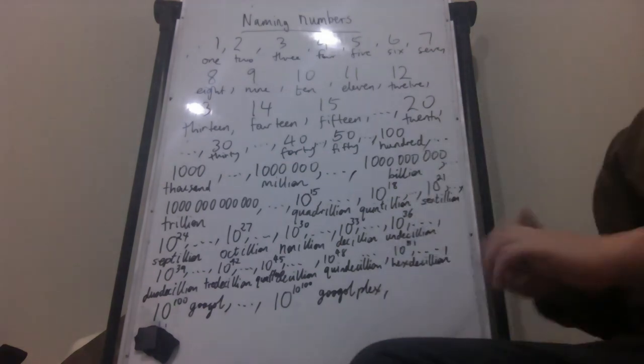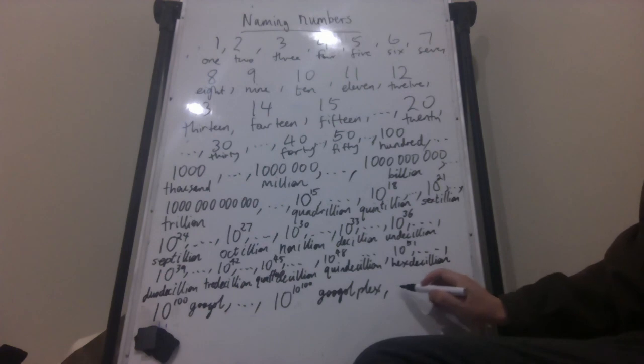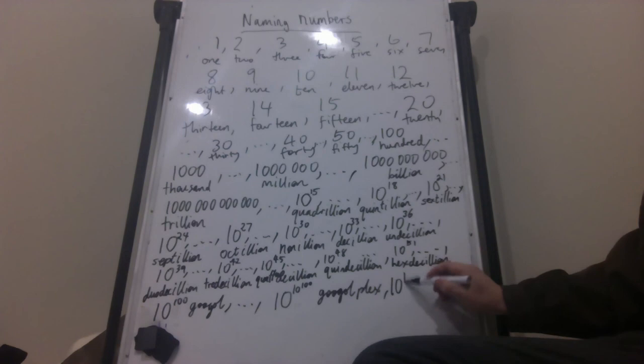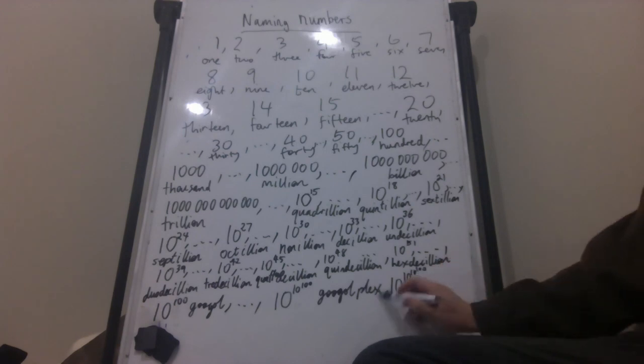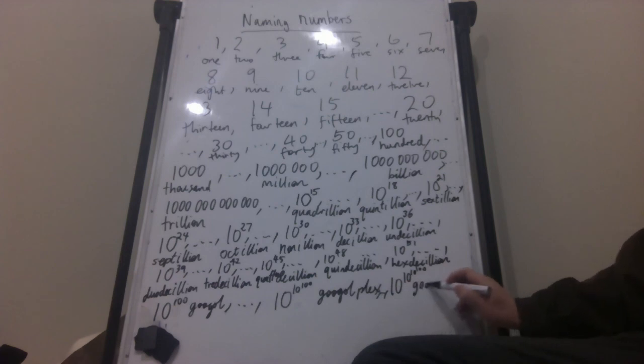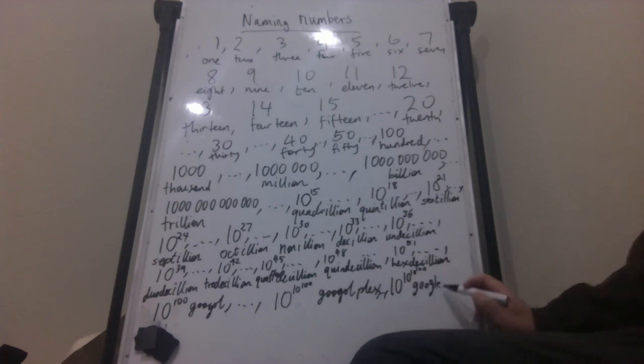Actually googolplexplex makes sense as well. So that's 10 to the googolplex zeros, which is 10 to the 10 to the 100. And that's googolplexplex. Okay, so that actually makes sense.